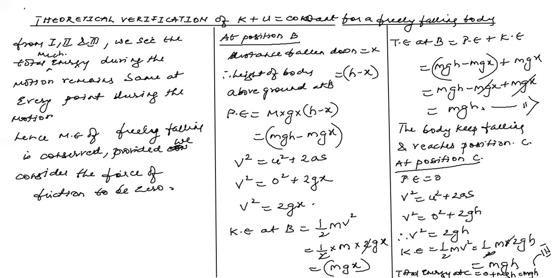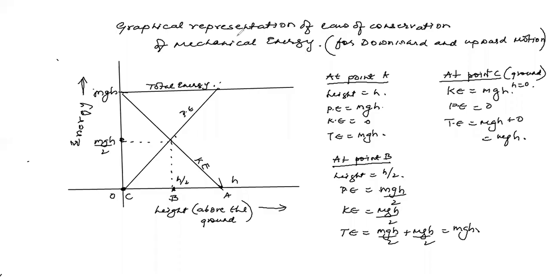One small thing: the graphical representation of the law of conservation of mechanical energy, for either downward or upward motion, any one motion you consider. Let me take a freely falling body, downward motion. In this graph, I've written kinetic energy and potential energy.